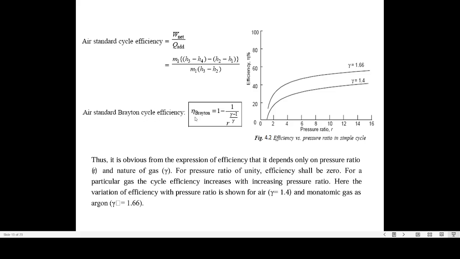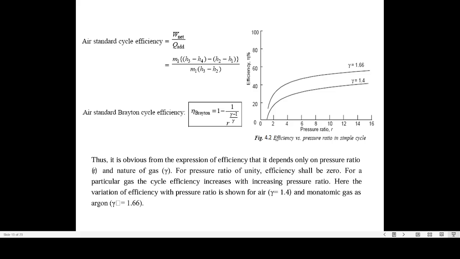Similarly, for the Brayton cycle, one can obtain the efficiency as 1 minus 1 divided by r raised to (gamma minus 1) divided by gamma. This efficiency equation tells us the Brayton efficiency depends upon the parameter r, that is known as the pressure ratio, that is P2 divided by P1, pressure after compression divided by pressure before compression.